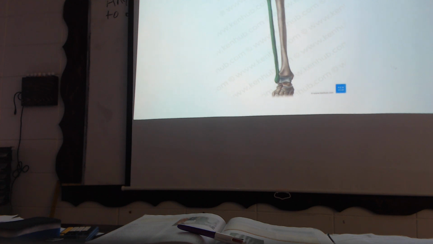Is it the ischial tuberosity? Ring a bell? No, ischial tuberosity. So, ischial tuberosity, you can move around. It's right here. It's the thing you sit on.